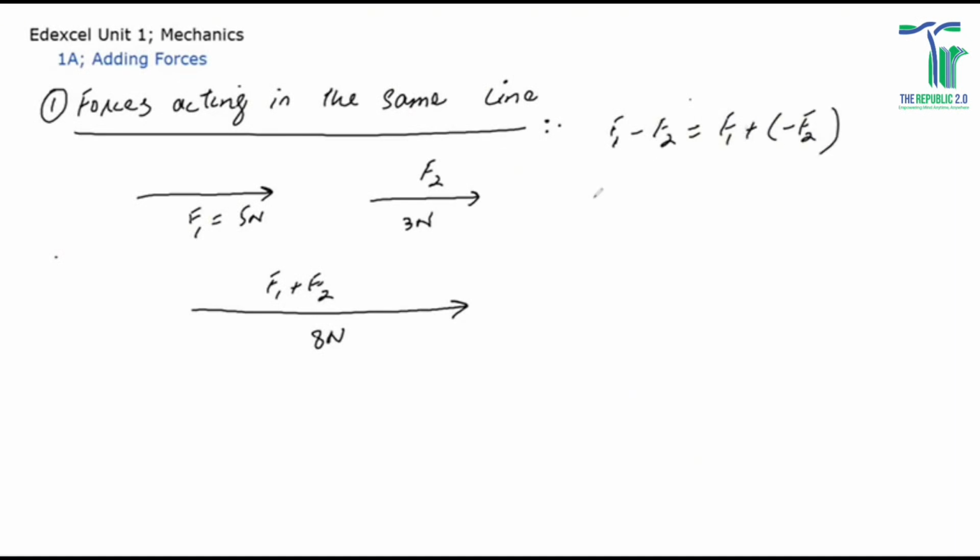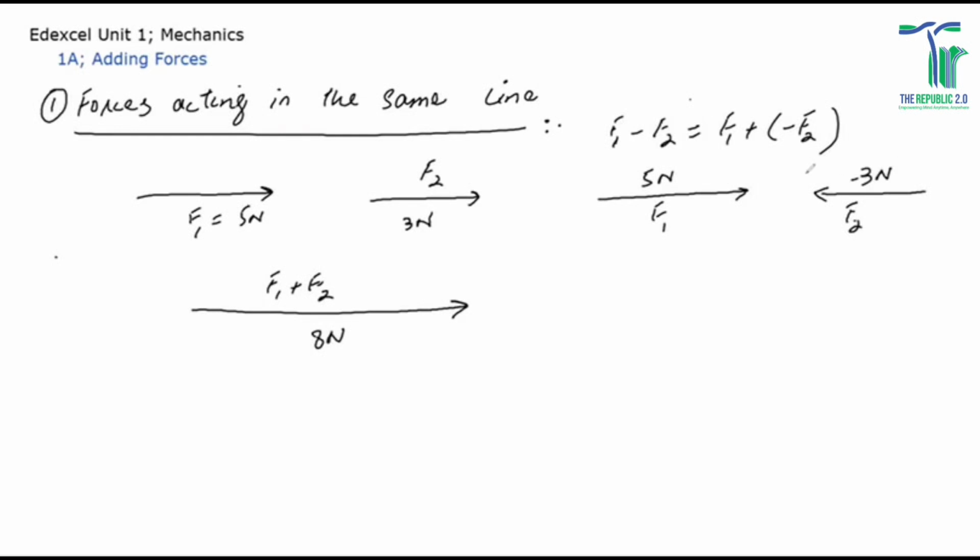So I'm going to draw F1 as it is. The magnitude would still be 5 Newton. But when I draw negative F2, what does that mean? That I have to draw the same vector, but in the opposite direction. That would make it negative F2. So F2 would still be 3 Newton, but with a negative sign.